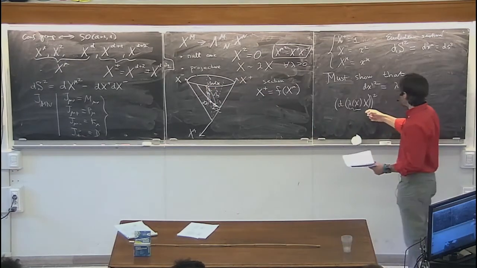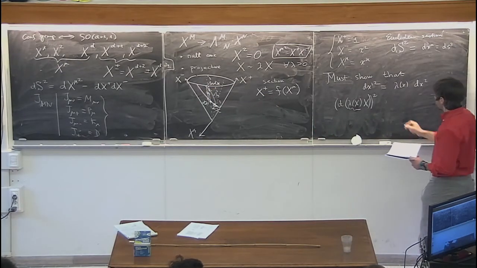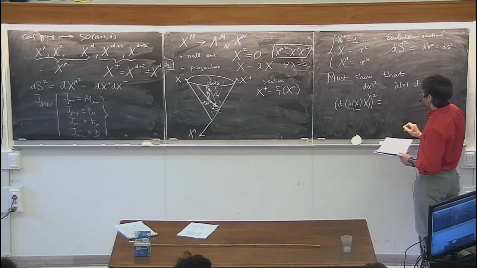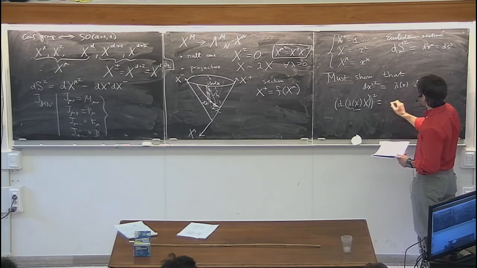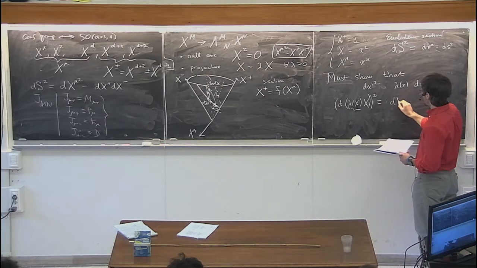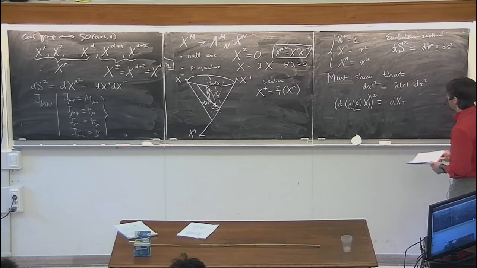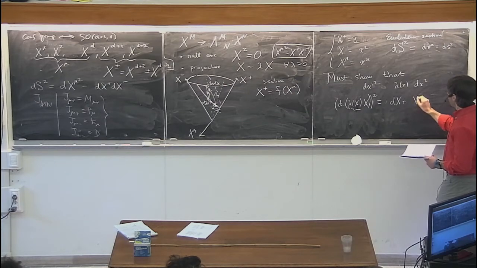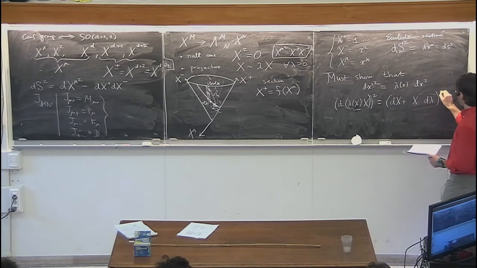If I take this rescaling d lambda of x squared, then this is equal to dx plus x times d lambda, squared.